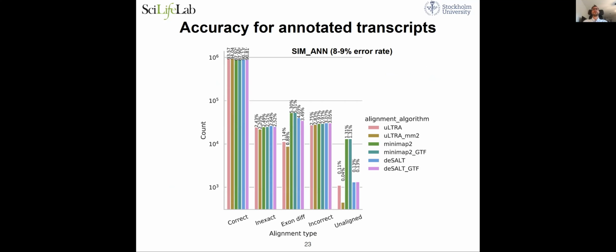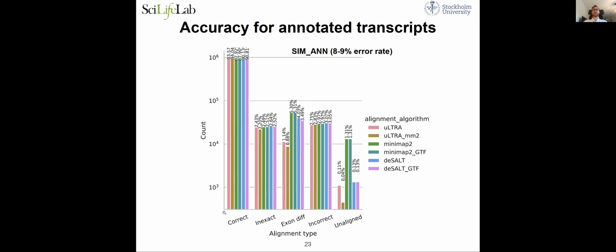So looking first at the simulated data set. We took all the cDNA sequences from Ensembl, and we simulated read errors with about an 8 to 9 percent median error rate. And then we aligned them with these different algorithms.